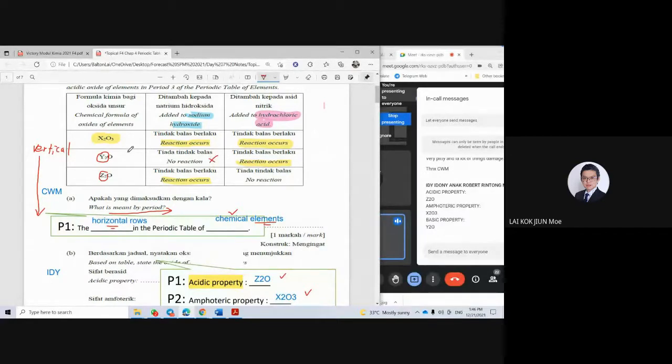So you think because cannot react, so smaller? Wait. It cannot react with sodium hydroxide because itself is the alkali oxide, right? Yeah. So it forms alkali oxide. That means it cannot react with alkali lah. Can react with acid. Yeah. But how to explain the size?